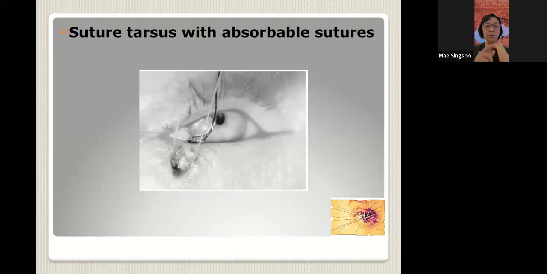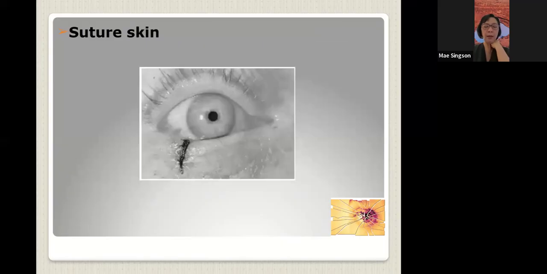After that, you will suture the tarsus in 2 places, superior and inferior, using absorbable sutures to stabilize your eyelid. Next, please. And later on, you will close the skin, trapping the long suture from the lid margin so that it will not hit your eyes, your corneas.